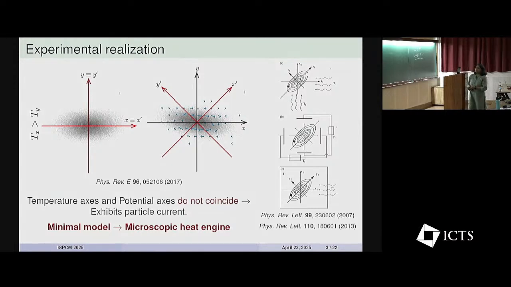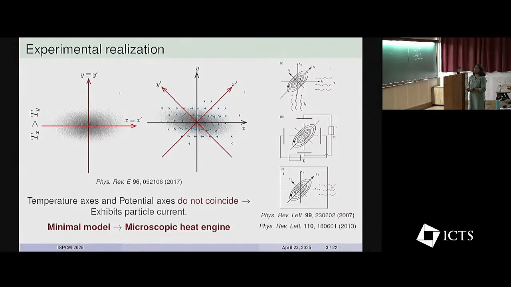But even if the system has potential asymmetry and temperature gradient, if the principal axes of the potential coincide with the temperature axes, like x and x prime, y and y prime here, then the gyration will not be possible. The particle will simply diffuse across the potential minimum.